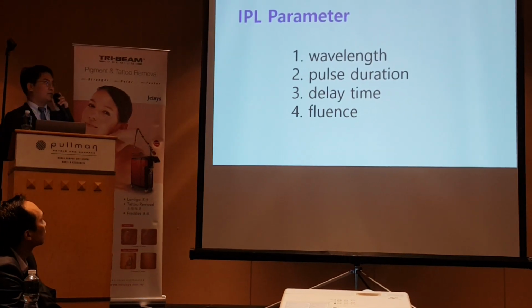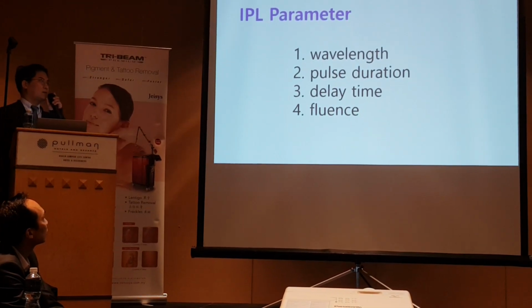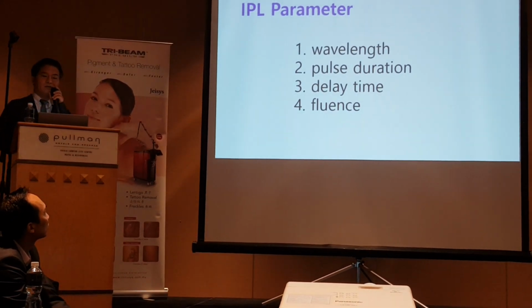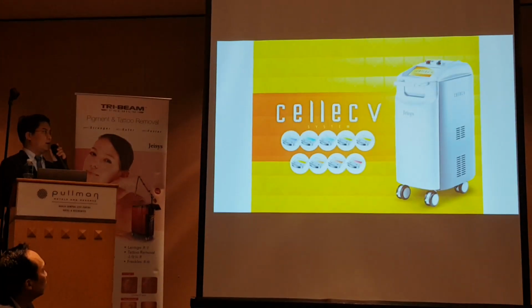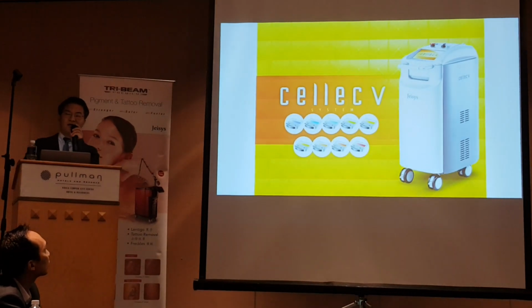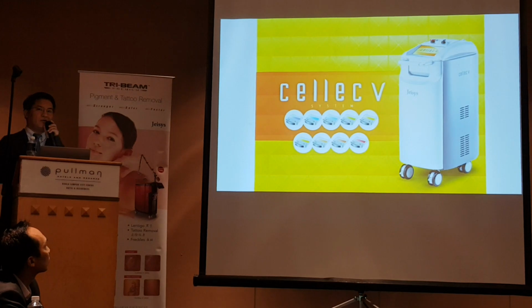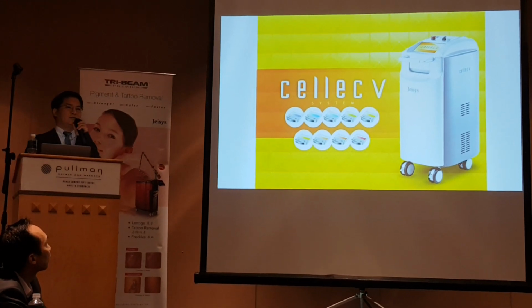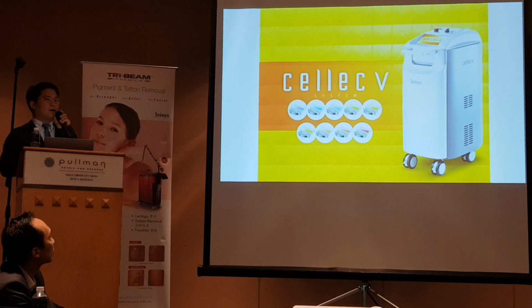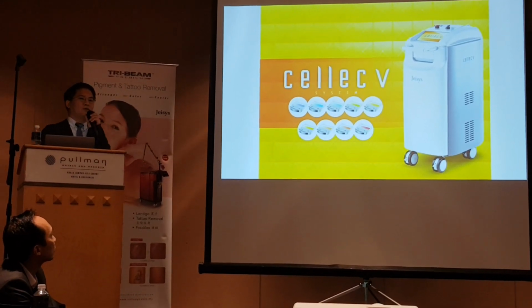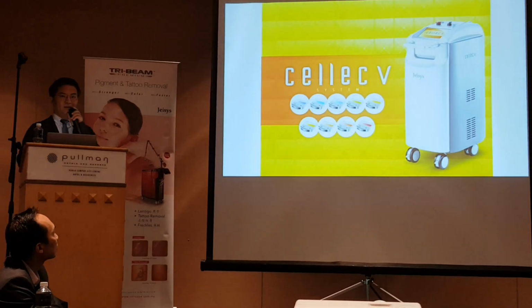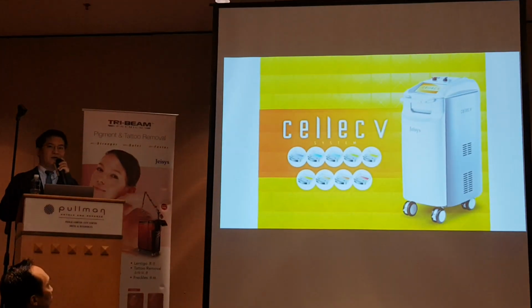IPL parameters are first wavelength, second pulse duration, third delay time, and fourth fluence. Cellec V has 9 kinds of cut-off filters. So there are 9 kinds of long pulse lasers in one machine, which is very, very useful.